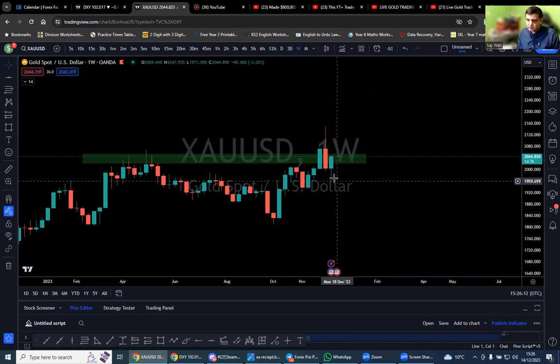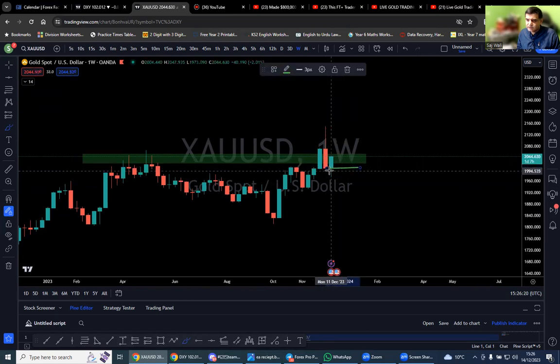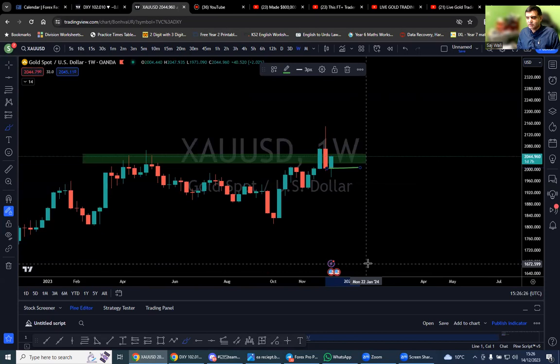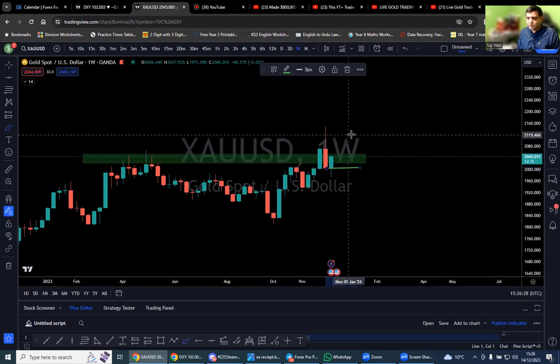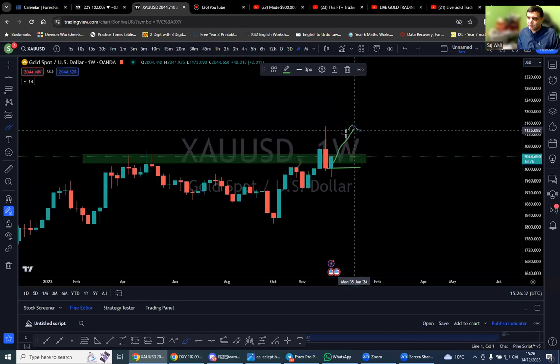But do not forget this wick. As soon as this wick formed, which was yesterday, it should come to our mind that the market may go up. So we have to combine with other probabilities.